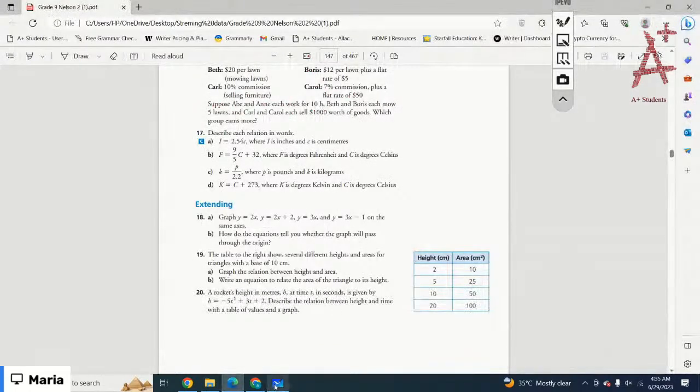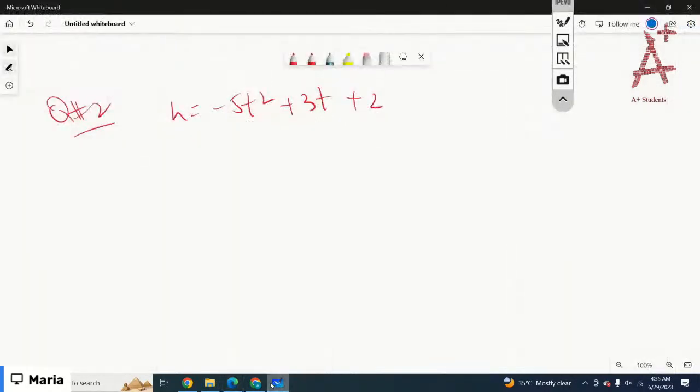Describe the relation between height and time with a table of values. So you have to find the relation. Let's just substitute different values of t in the equation and find the values of h.